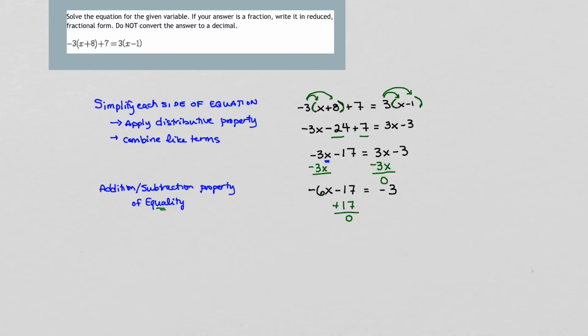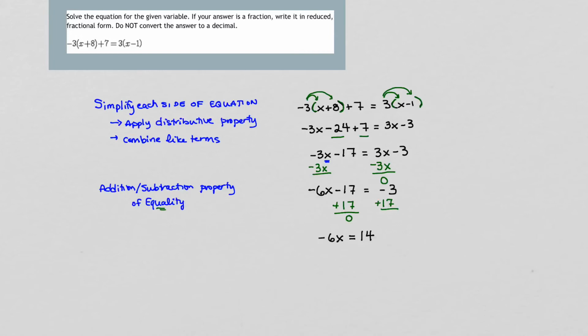And the property of equality says that whatever I do to the left side, I have to do to the right side. So that means I'm going to add 17 to the right side. And so that makes my resulting equation negative 6x equals negative 3 plus 17, which is 14. All right, so far so good.